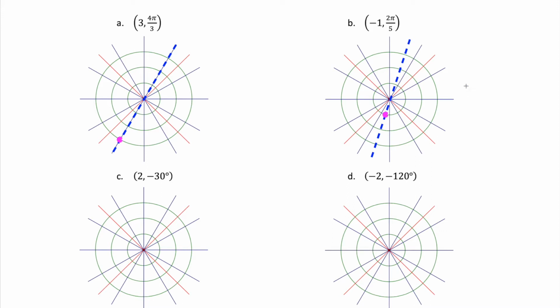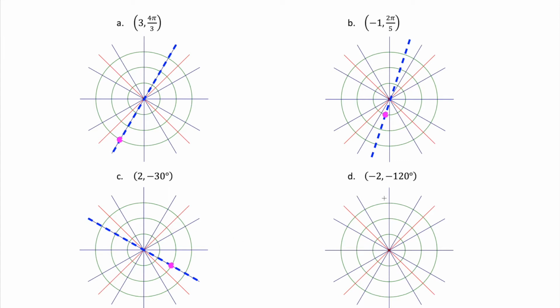So my point will be down here. That's why it's nice to label where the actual angle is, not the opposite side of the angle, so that you know whether you're going towards that one or away from it, depending on if it's positive or negative. Down here we have negative 30, so that's going to be right here. And then I'm going 2 in that direction. So 1, 2, there's my point.